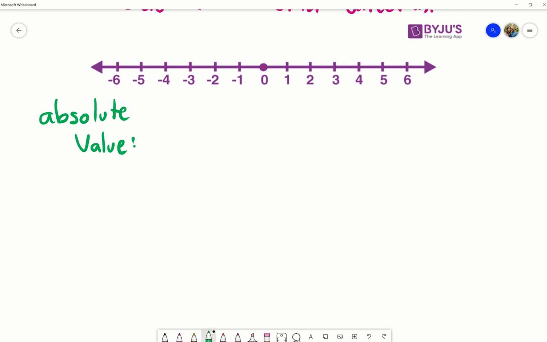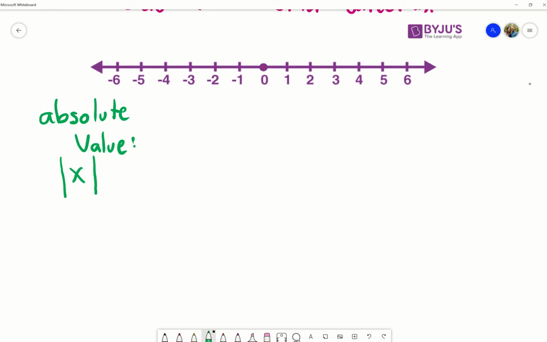Absolute value. This is seen as two lines that go up and down with a value inside. We're going to put this value as x, only because it can be any value we want it to be, and we'll change it all around later. So this is what absolute value looks like.